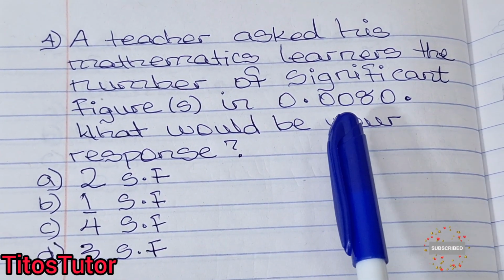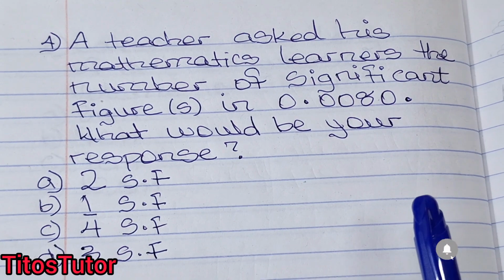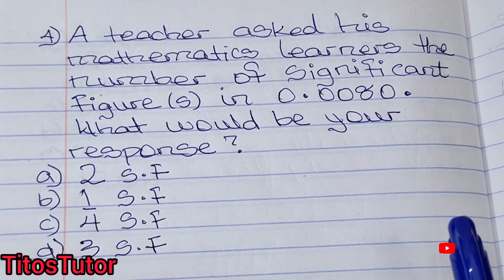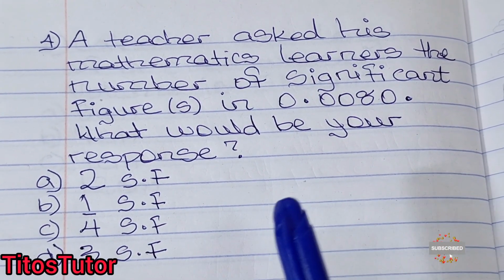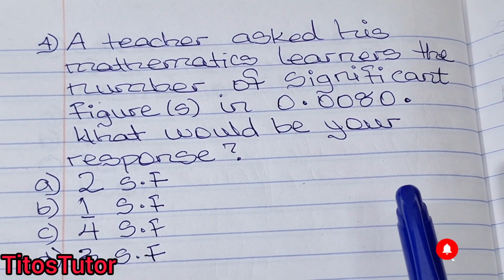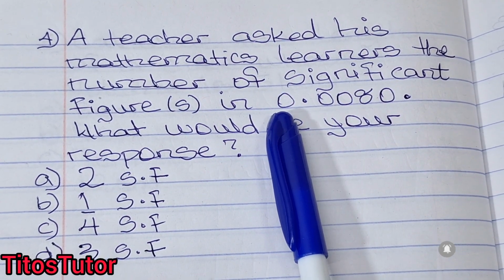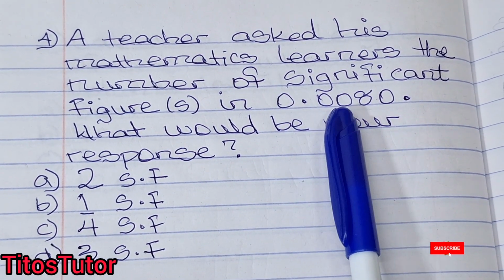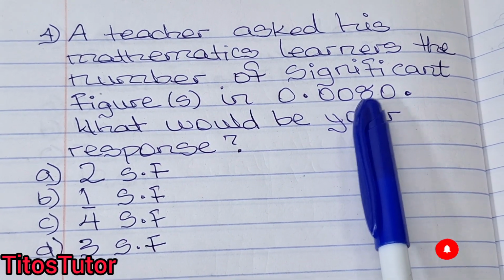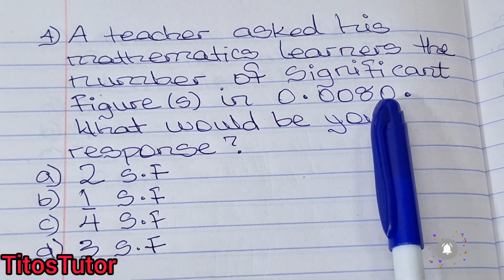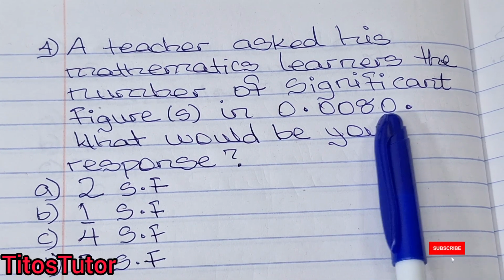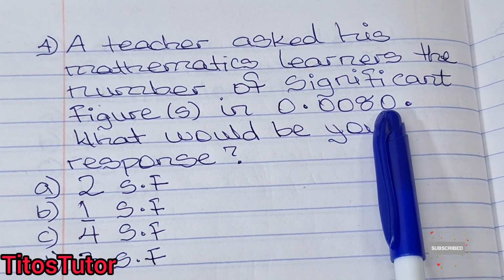Remember, zeros that begin a number are not significant. So this 0 is not a significant number. Your significant number starts from 8. And please don't throw away the 0 after it. It is a significant number.